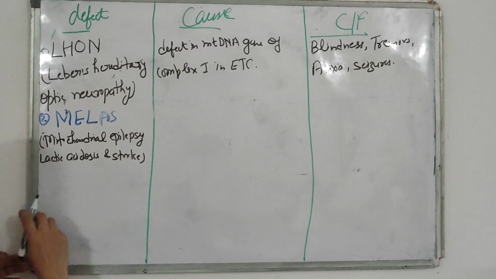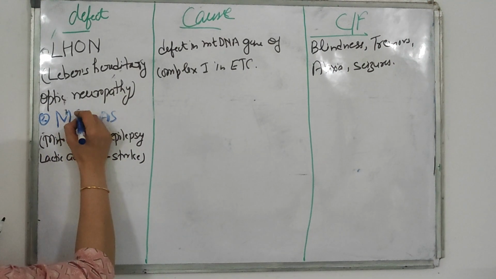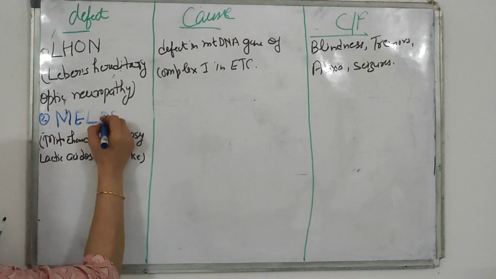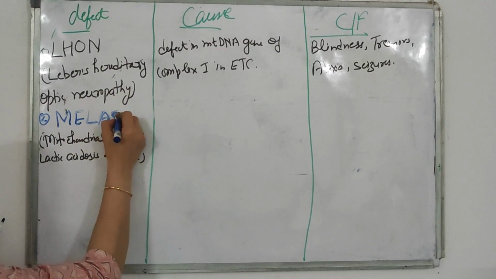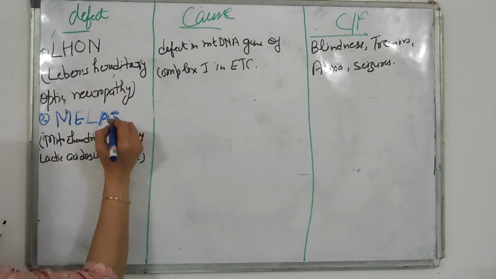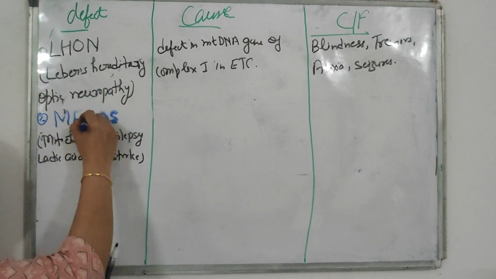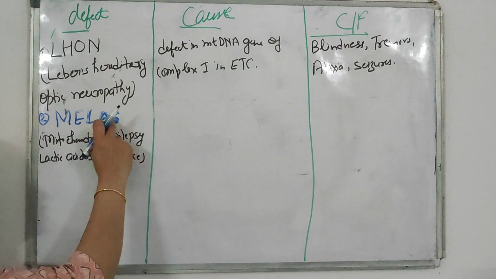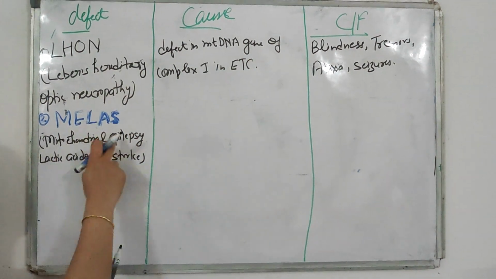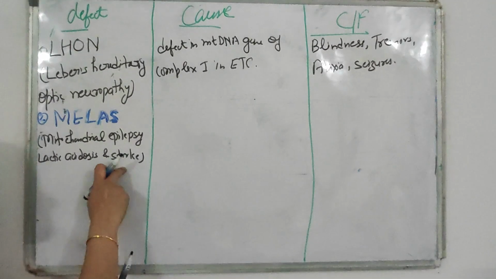MELAS: mitochondrial epilepsy, L for lactic, A for acidosis, S for stroke. Mitochondrial epilepsy, lactic acidosis, and stroke.